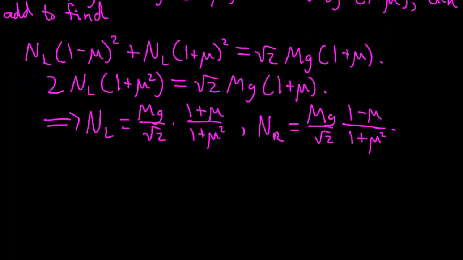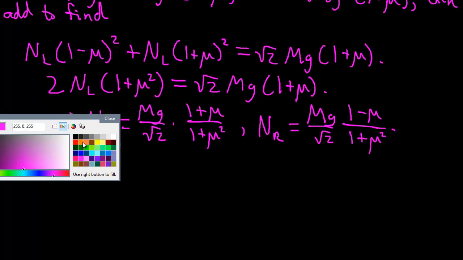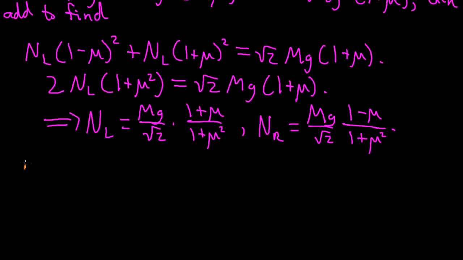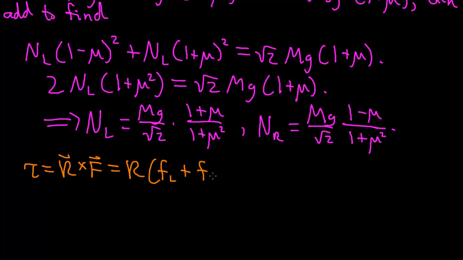So we're almost done. The torque, switching color one more time. So torque equals R cross F. There's two forces, so this will be the radius R times the left friction force plus the right friction force, which is the radius times mu times the left normal force plus the right normal force.